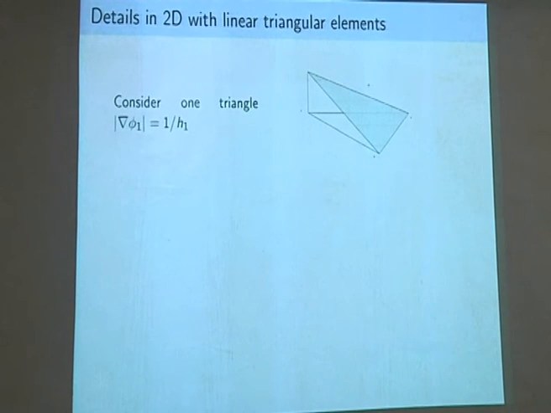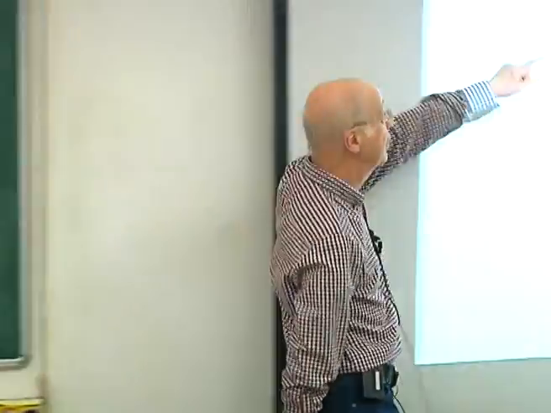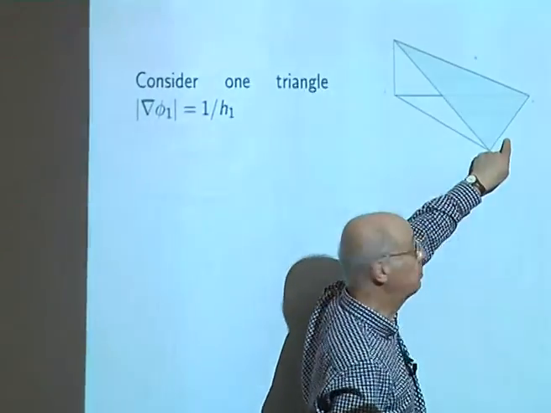And the linear basis function is the simplest that's useful. So it vanishes at 2 vertices and is equal to 1 at the 3rd vertex, and therefore the gradient of the basis function is 1 upon the height of the triangle, the distance from the vertex where it's 1 to the baseline.